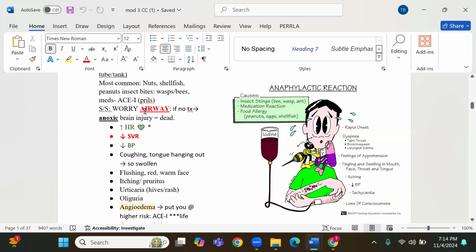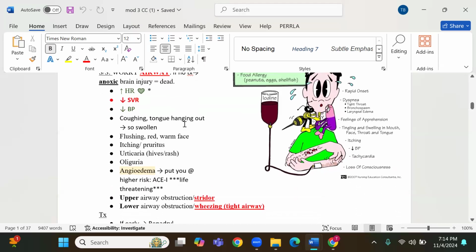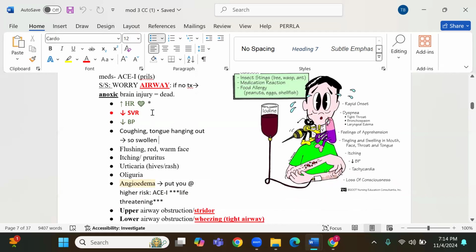One of the things is we worry about airway, right? But we also worry about anoxic brain injury, which just means that the brain is not going to get the blood flow that it needs because of this massive vasodilation. So what would we look at? And you guys have already had SVR, remember, I think it was just the last test, where that's the left ventricle measurement.